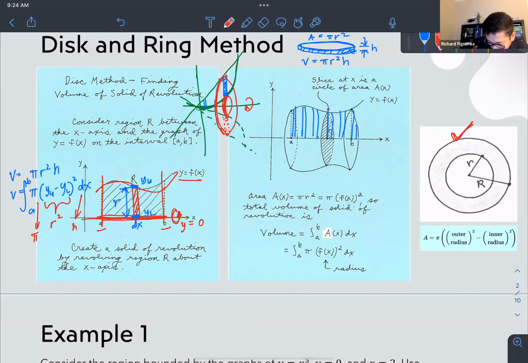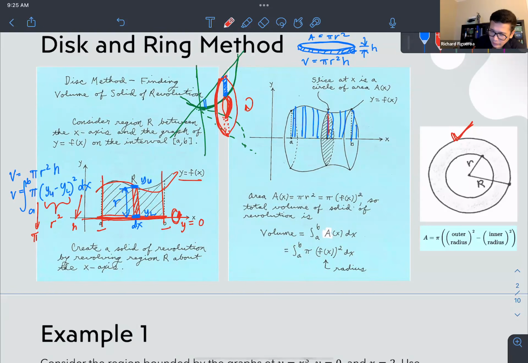Forming the donut. So that is why we have a ring. Do you get it? How are we forming the disc and how are we forming the ring?